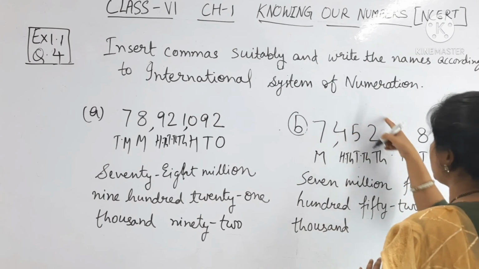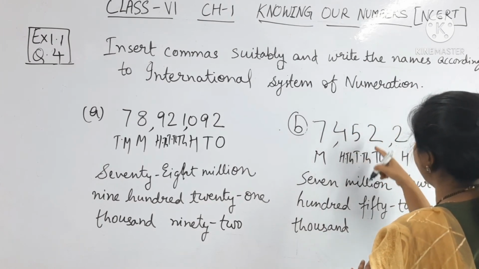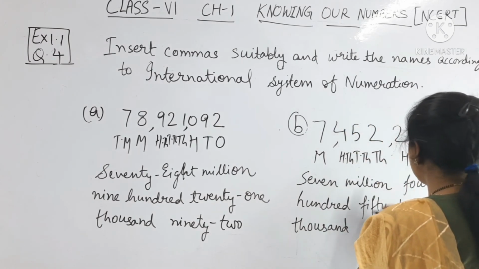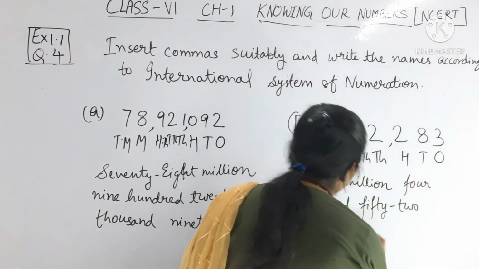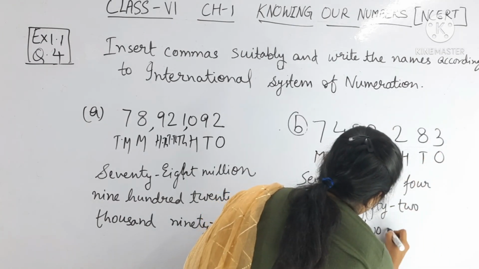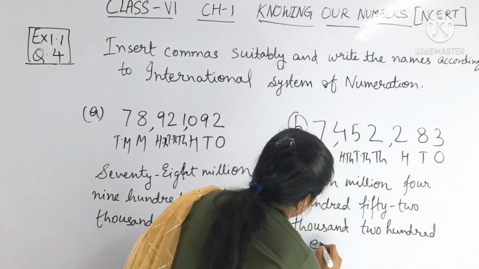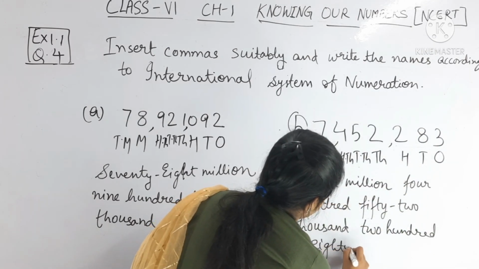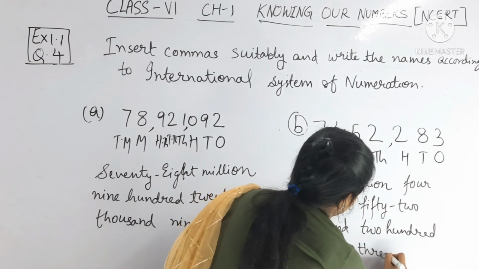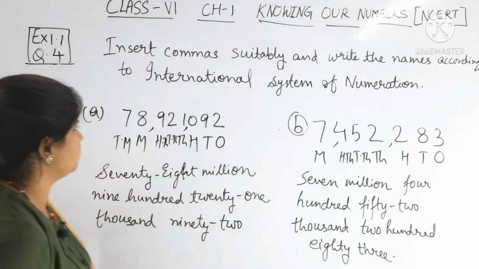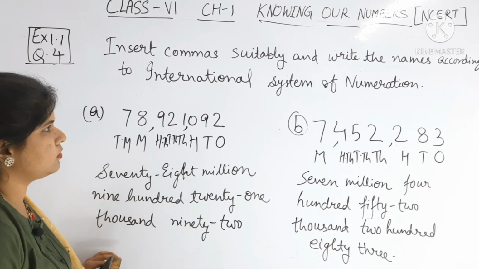Okay, this is the 1000 family, 452,000. Then last is 280 283. Okay, so this is the A and B part.